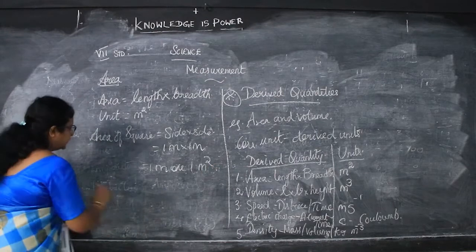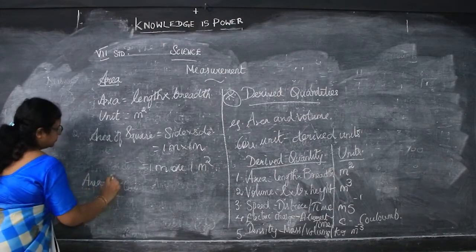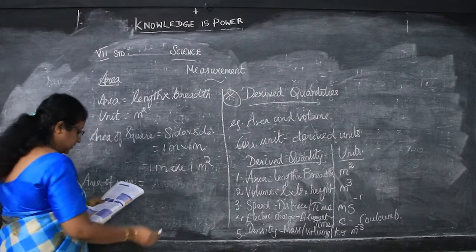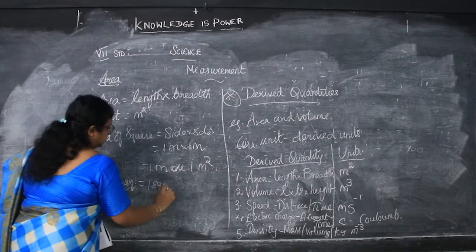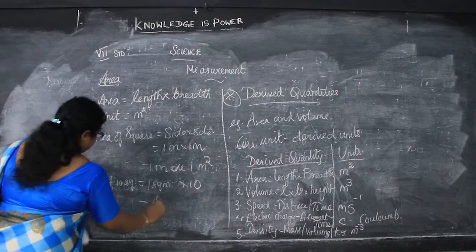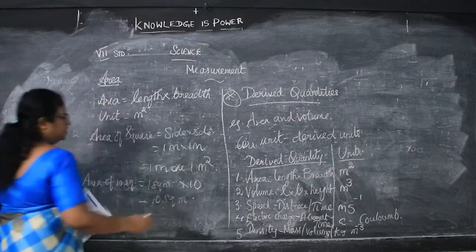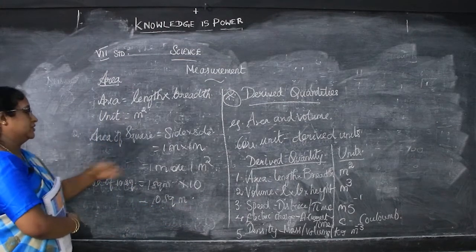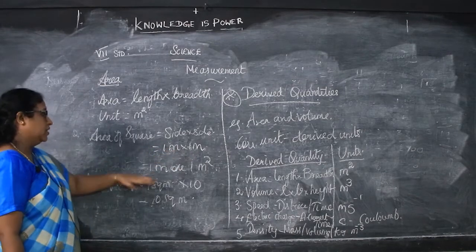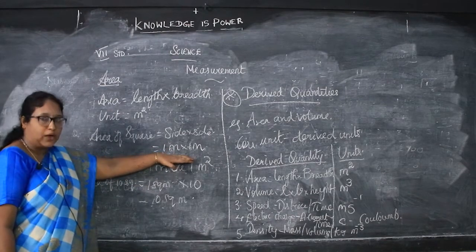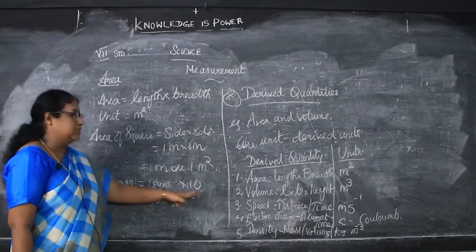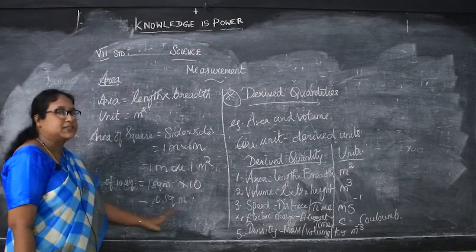So the area of 10 squares is 1 square meter into 10. The answer is 10 square meter. Did you understand, children?